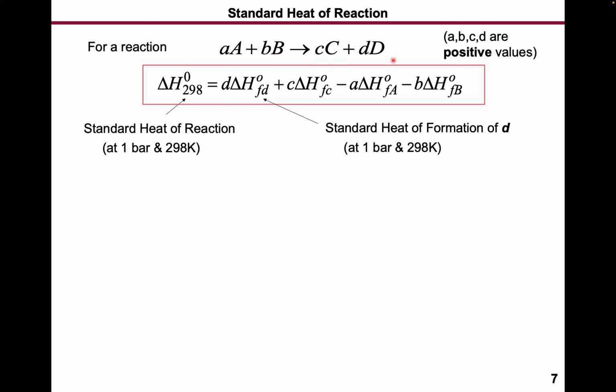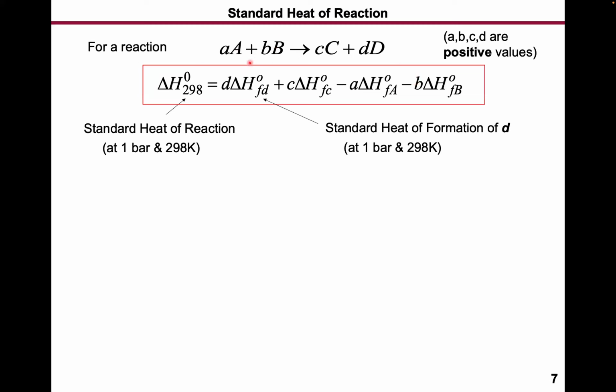For that, you cannot simply use heat of formation. But for a general reaction, you can calculate the standard heat of reaction from the heat of formation by incorporating the stoichiometry coefficients, okay?